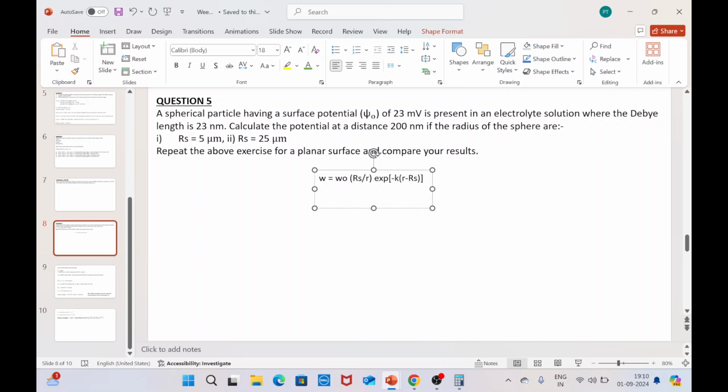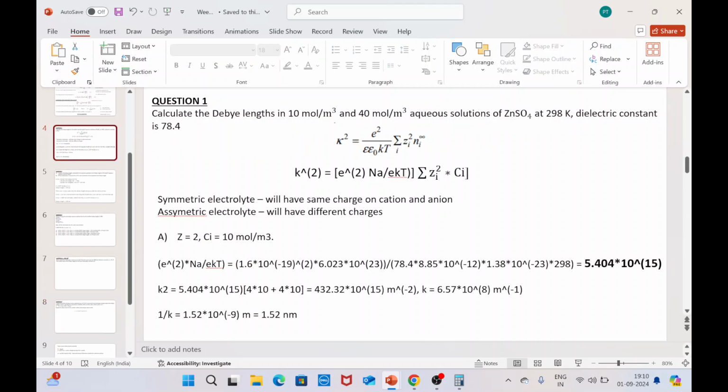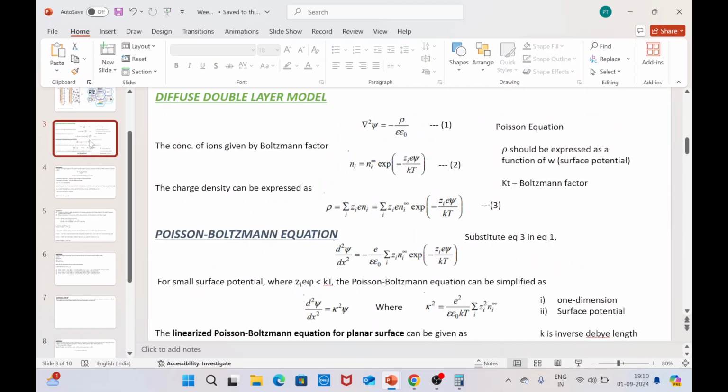If you remember in the video lectures, we use this expression where psi is less than kT.